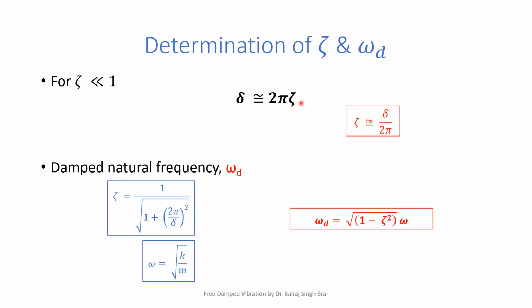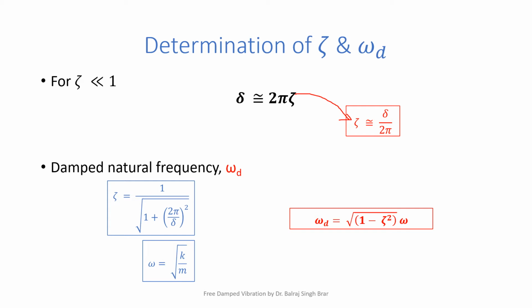Simplifying it, we get zeta is approximately equal to delta by 2 pi. So from any two successive amplitudes, or from a ratio of amplitudes after n cycles, we can find out delta. Put in this, we can find out zeta for a vibration system.